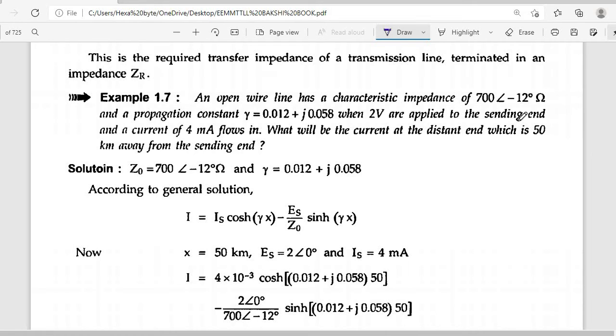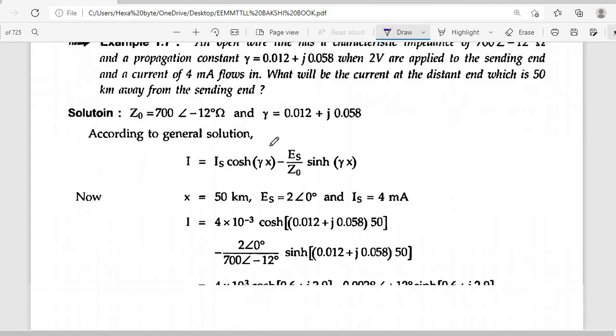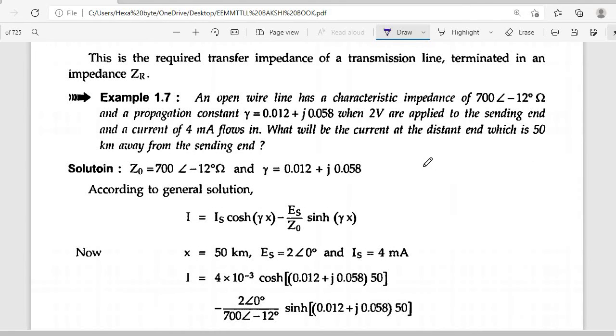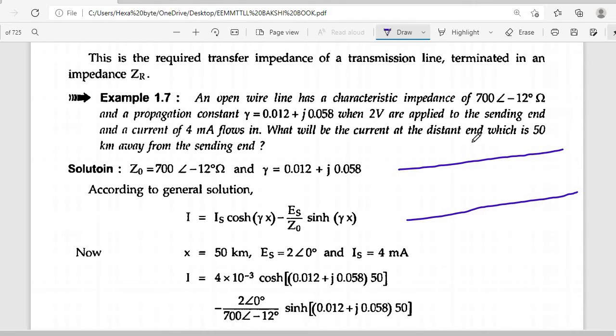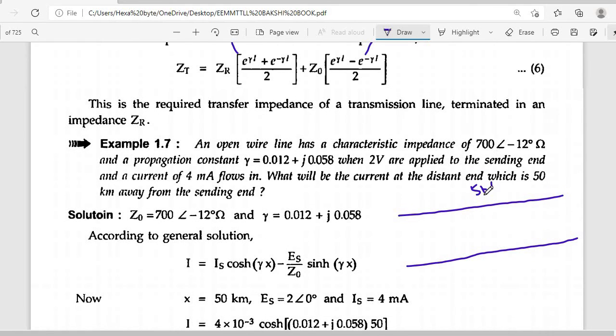When 2 volts are applied to the sending end and a current of 4 milliamps flows in the transmission line, what will be the current at a distant end which is 50 km away from the sending end? Here you have to take a 50 km transmission line.